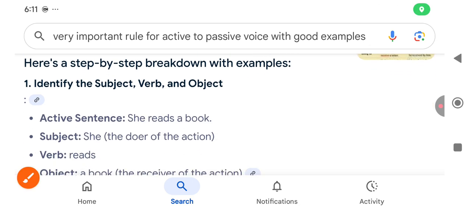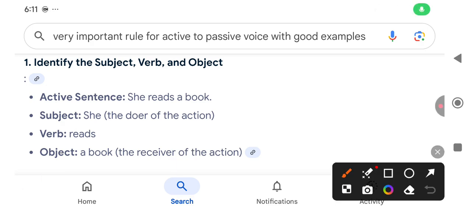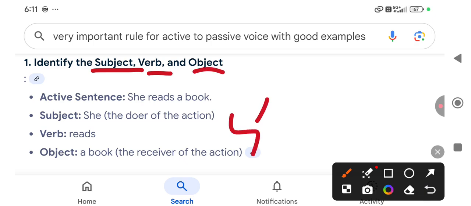Okay. Now, first identify the subject, verb, and object. First thing is that we have to find out the subject, verb, and object in a sentence, right? That's the active sentence. For example, she reads a book. Here 'she' is the subject, 'reads' is the verb, and 'a book' is the object.